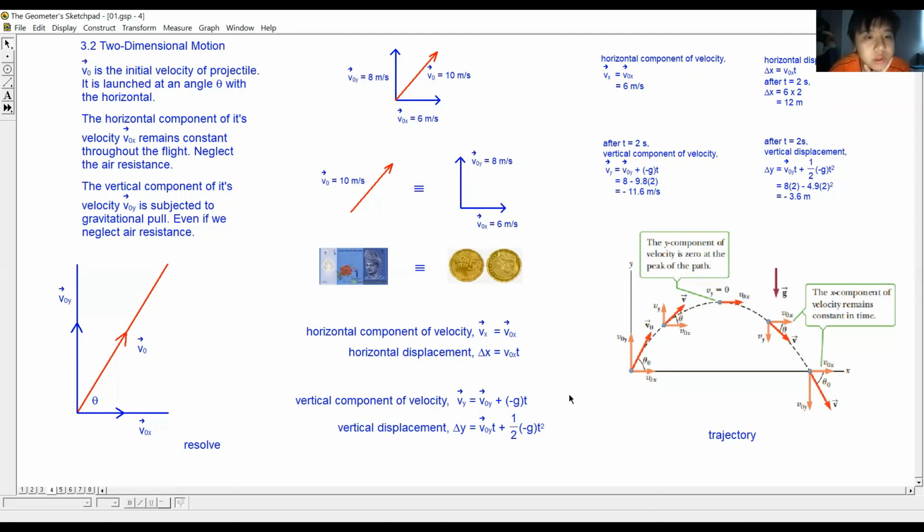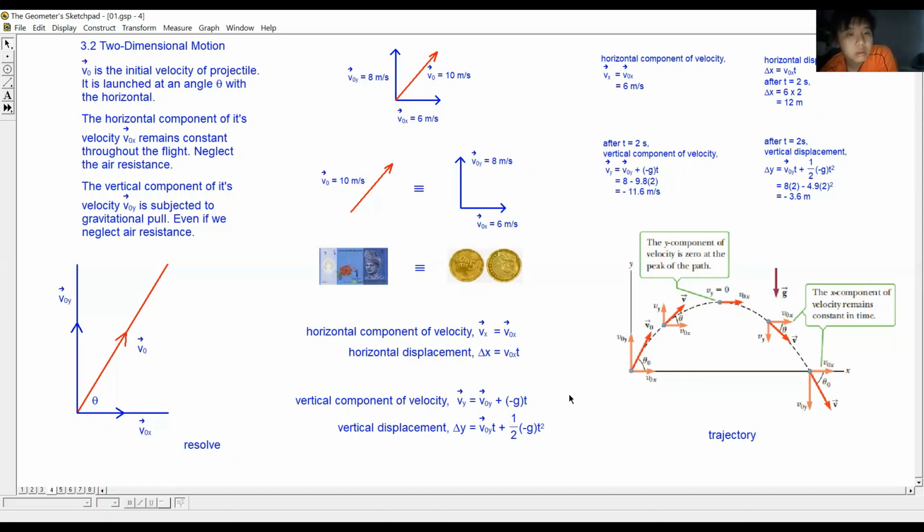ignore the air resistance or the wind resistance, in most of these cases that we are going to solve later on, we assume that the air resistance and the wind resistance are negligible. Negligible means the value is very small and you can ignore the air resistance and the wind resistance.